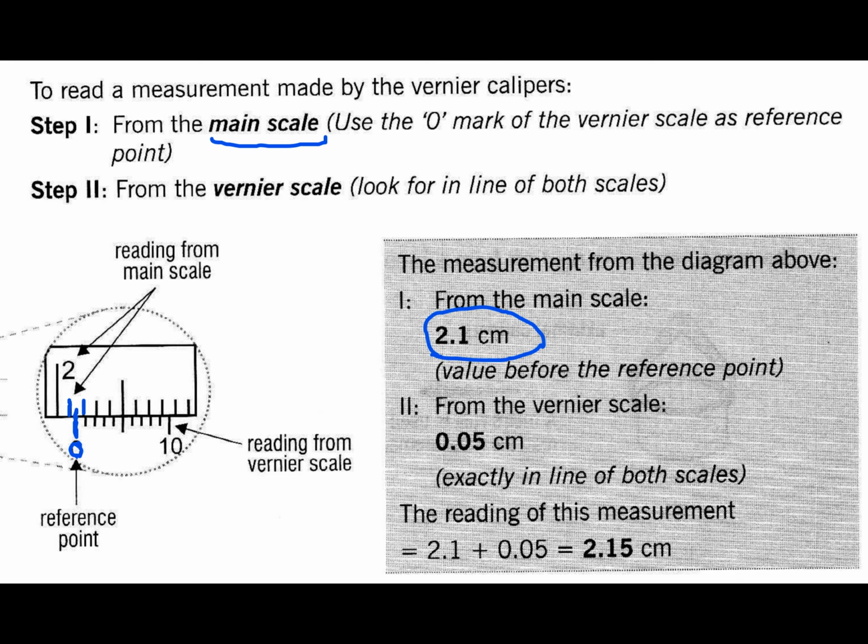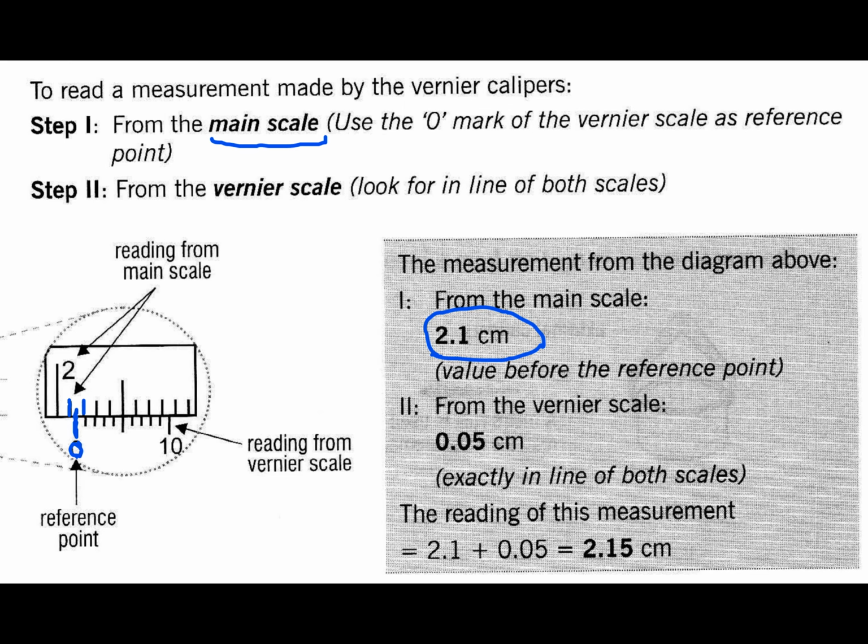If we had only a normal ruler, then we had to estimate between 2.1 and 2.2 centimeters. We can't say for sure if it's 2.14 or 2.15 or 2.16 centimeters. We can only say it's either 2.1 centimeters or 2.2 centimeters. But now with the vernier caliper, we can find out the second decimal place.